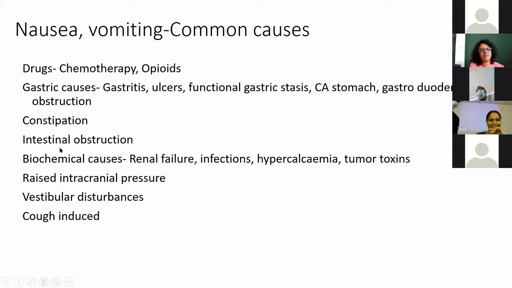Constipation can be a cause, intestinal obstruction, biochemical causes like renal failure, infections, hypercalcemia, tumor toxins, raised intracranial pressure, which not only causes headache, it can cause even nausea, vomiting, vestibular dysfunctions, and sometimes cough-induced. You might have seen some patients cough, and then they vomit.